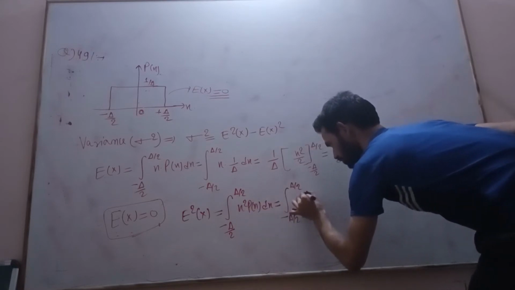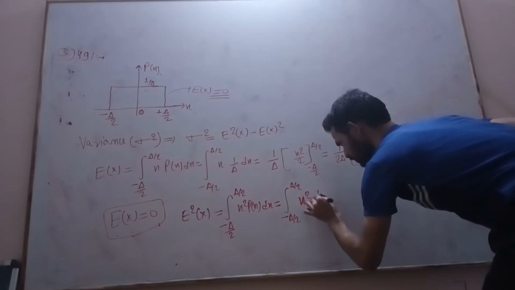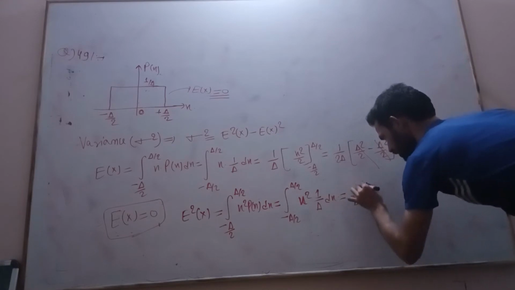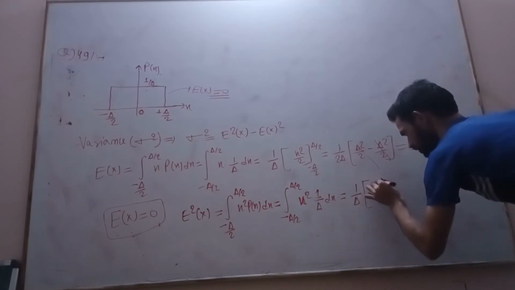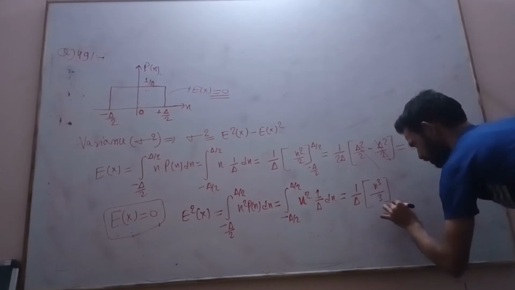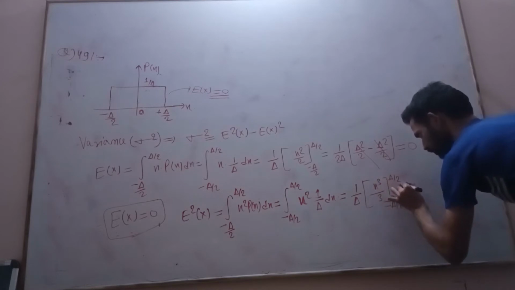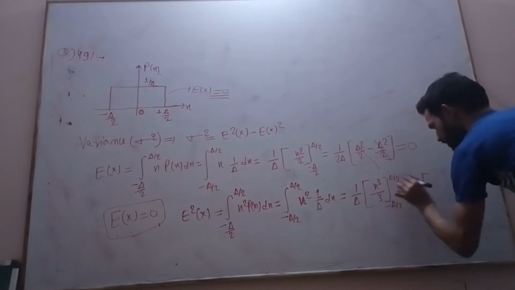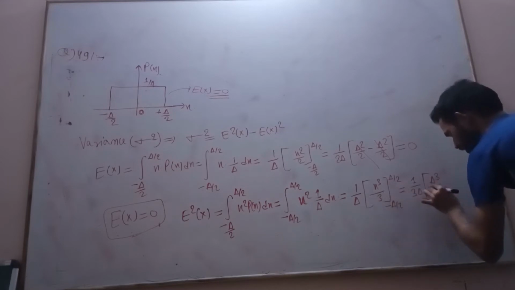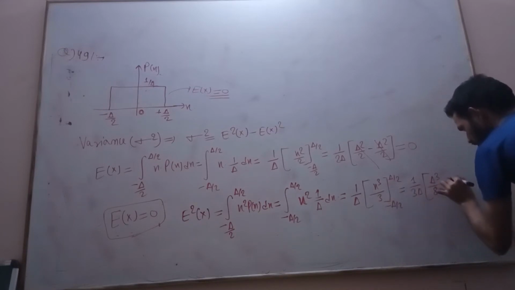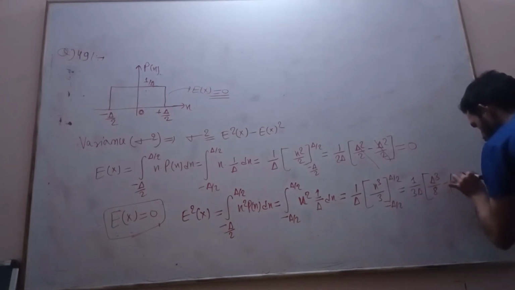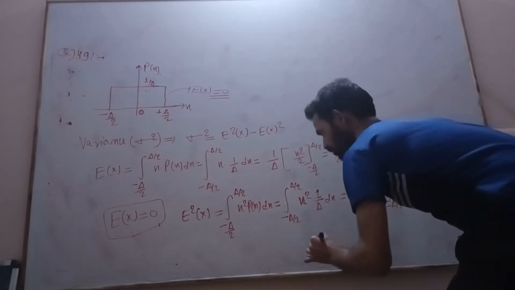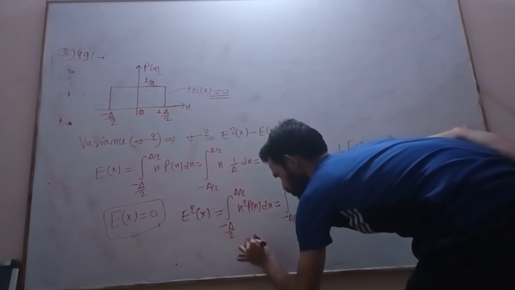So it is 1 by 3 delta. The upper limit gives delta cube by 8, and upper limit minus lower limit gives delta cube by 8 minus minus delta cube by 8, so delta cube by 4.